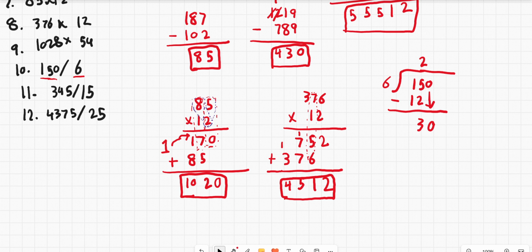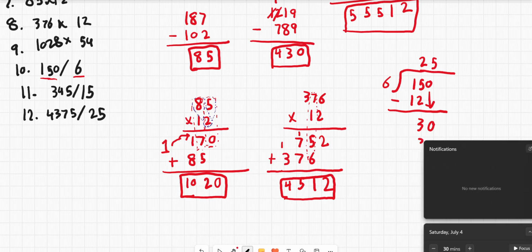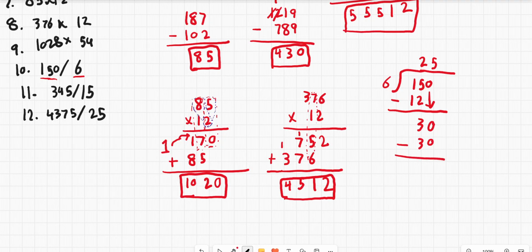And actually this fits perfectly because we're going to have no remainder. You know why? Because if we multiply 6 by the 5, you're going to get 30, and then subtract all this. 30 minus 30 is just 0 itself. So therefore, there's no remainder, right? And 25 is your final answer because you have no more numbers to bring down from the 150.